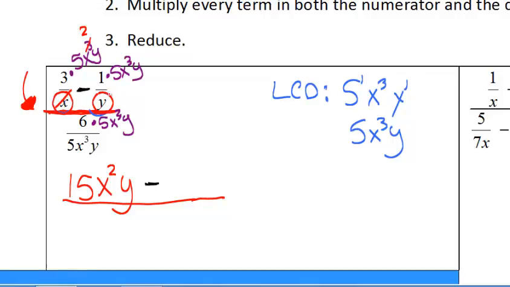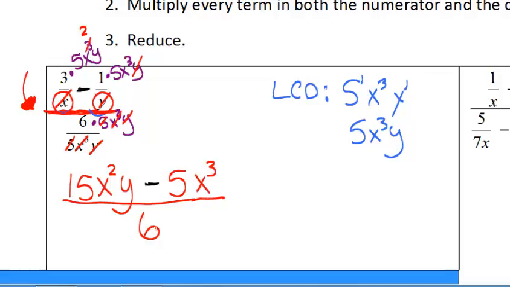Notice the y in the denominator and the y in the numerator divide out. If you've chosen your LCD correctly, the denominator should divide out every time. And I'm left with 1 times 5, which is 5x cubed. In the denominator, the 5's divide out, the y's divide out, and the x cubes divide out. So all I'm left with is 6.